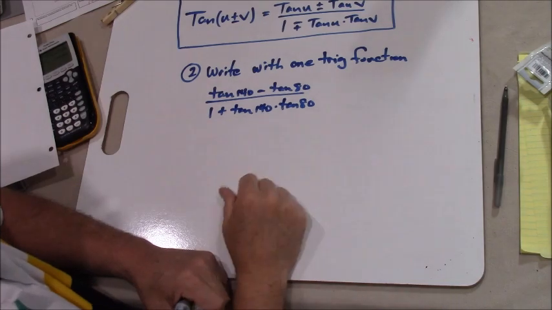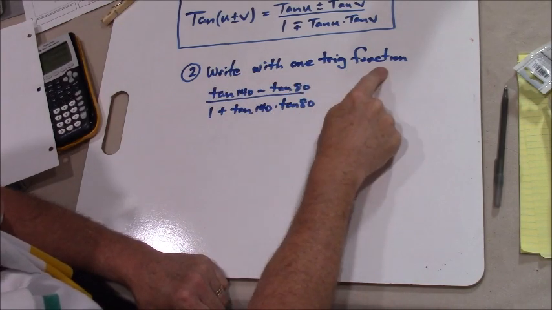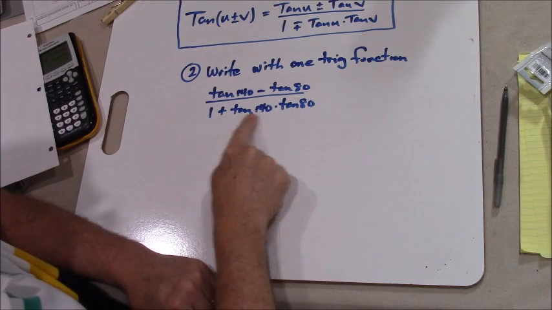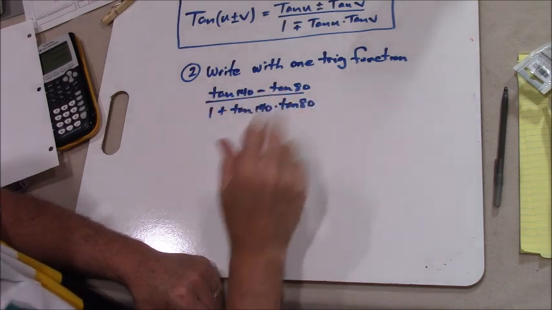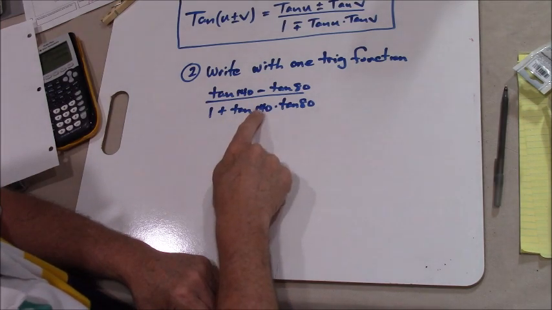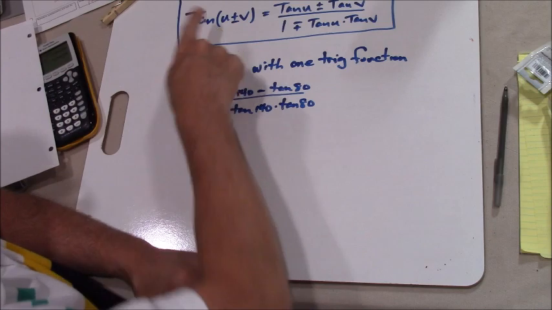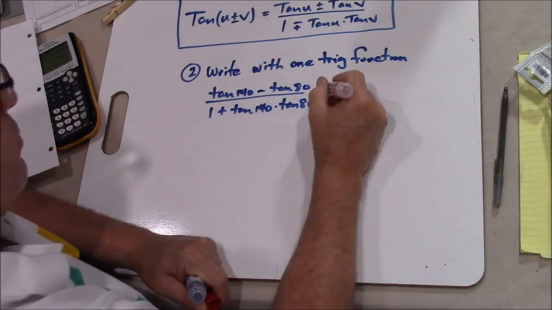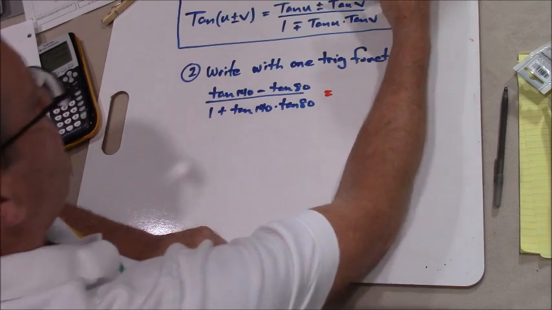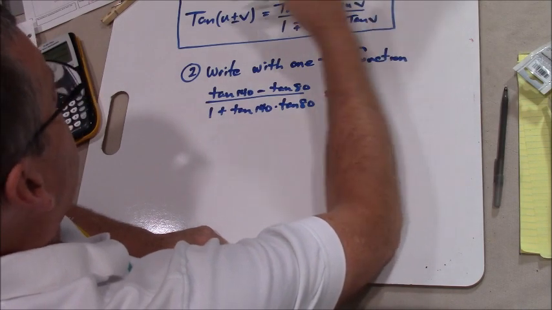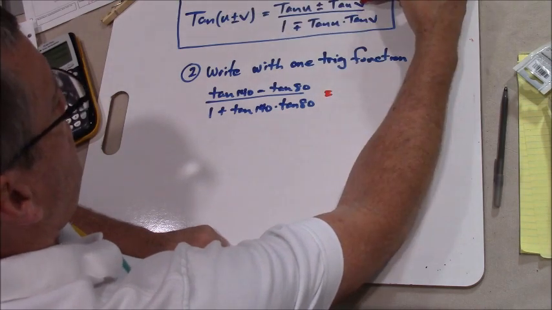Okay? Alright, so here's another one. Some of the questions today they're going to ask a little different. They want us to write with one trig function. In other words, condense this whole thing down to just a tangent of one angle. So really we're going from this back to here. So that means whatever this angle is goes there, and then angle V goes here.